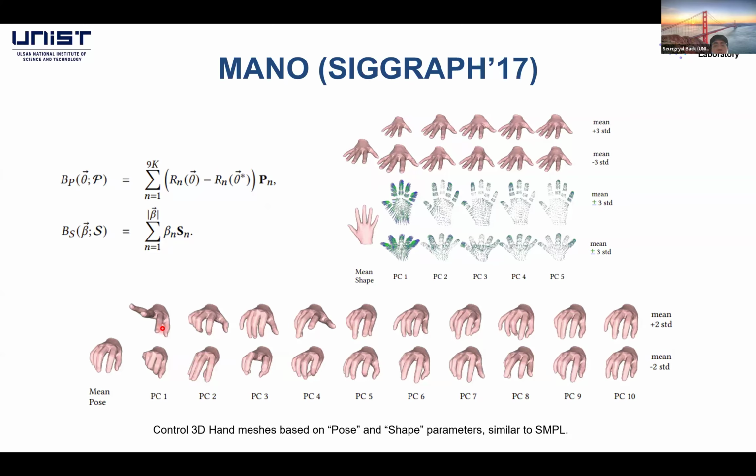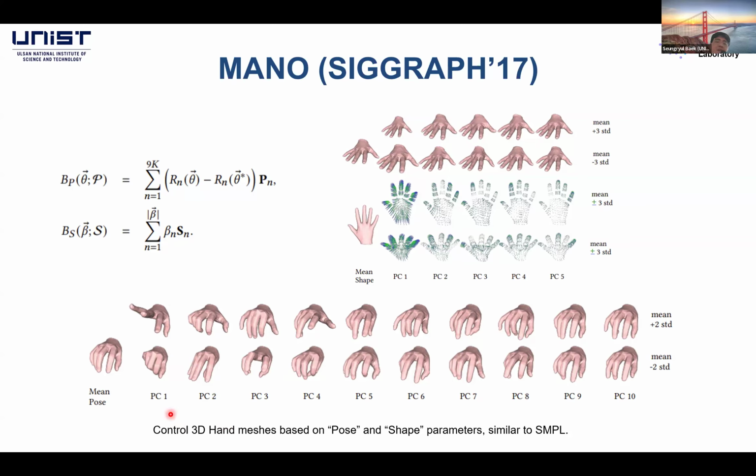And they also build the blend skinning method. But one difference is that human hand fingers show a high degree of freedom.